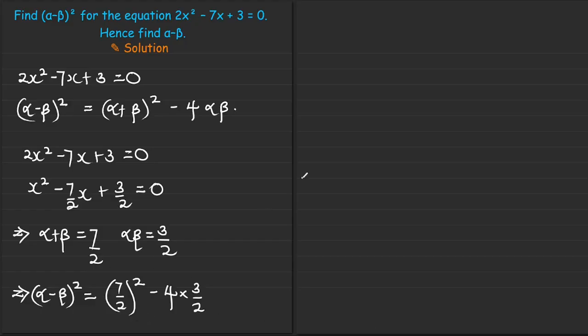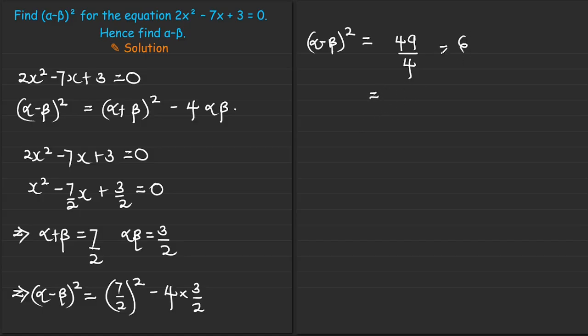If we simplify this further, then we can say our alpha minus beta all squared is simply equal to, the square affects both the numerator and the denominator. So we have 7 squared, which gives us 49, all over 2 squared, which is 4. Then this 2 divides this 4 to give us 2. So we have 2 times 3, which is a minus 6.